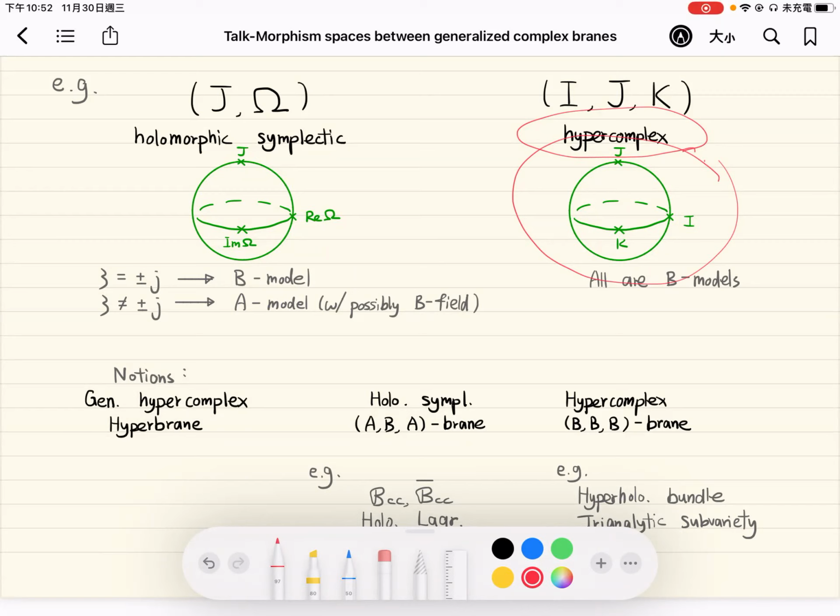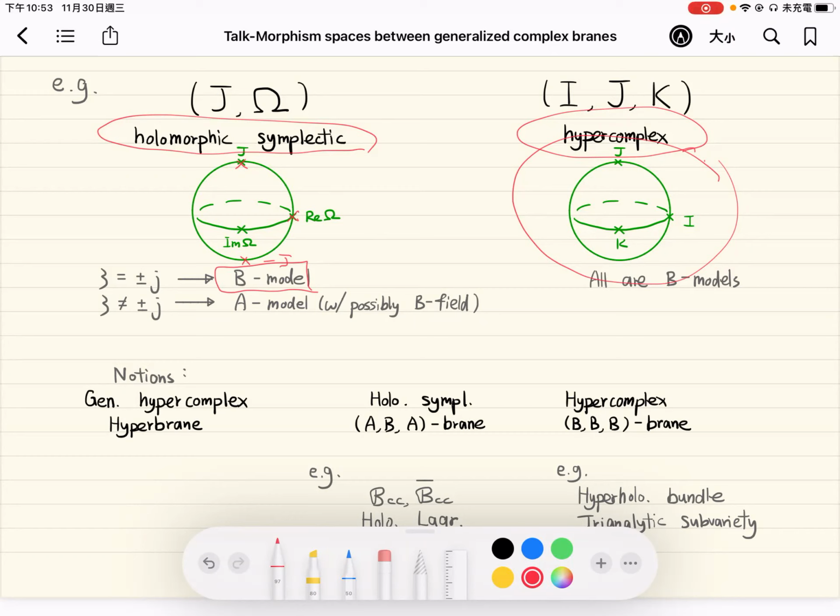On the other hand, if we have a holomorphic symplectic structure, we can also form an S2 family. But this S2 family is a little bit different, in that it has two special points, J and its antipodal point minus J. These two points represent B models because they are really honest complex structures. However, if you pick any point except J and minus J, for example some point at the equator, then you get maybe the real part of the holomorphic symplectic form, and they are symplectic structures.